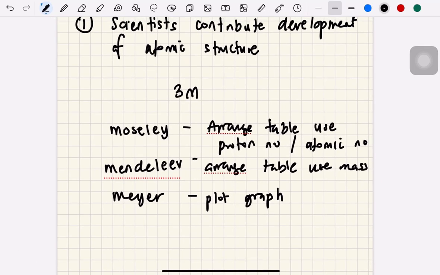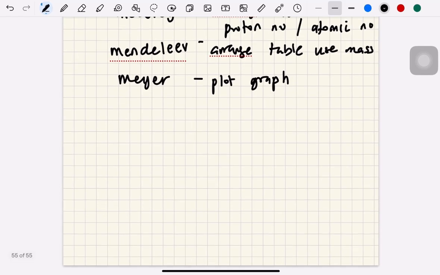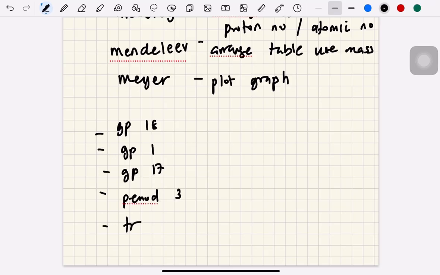Now in this chapter we don't learn everything in the periodic table. We only learn group 18, group 1, group 17, period 3, and also transition elements.